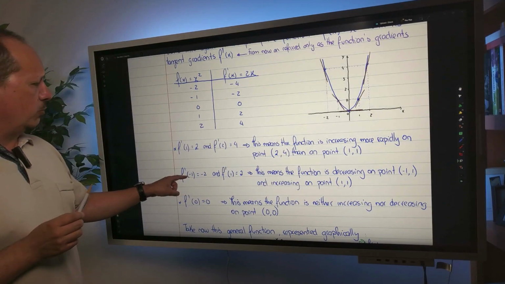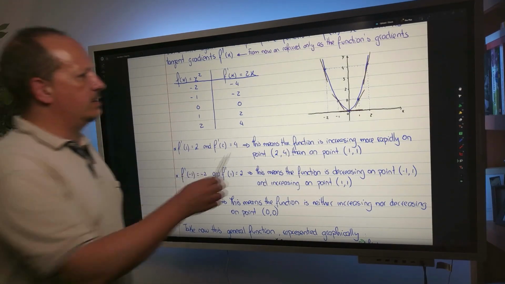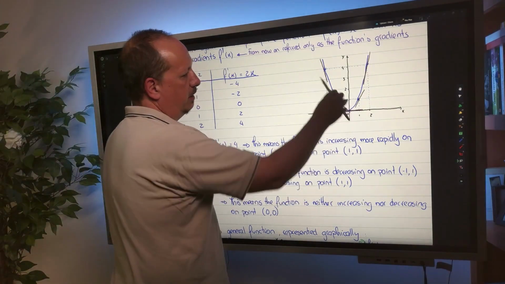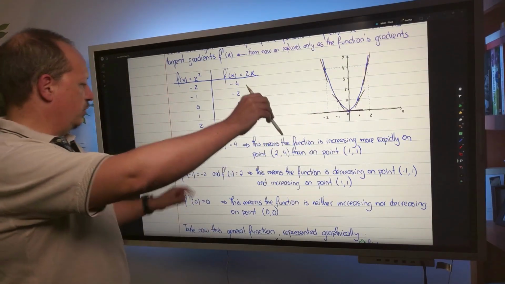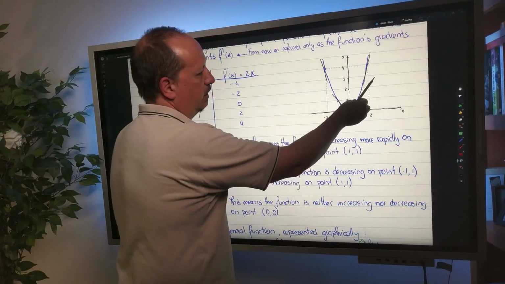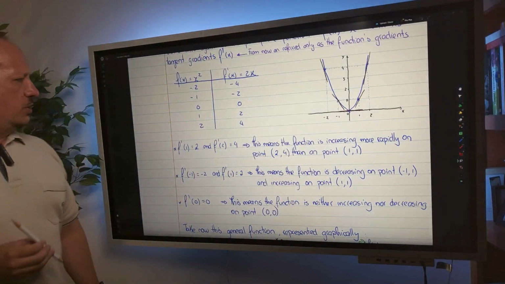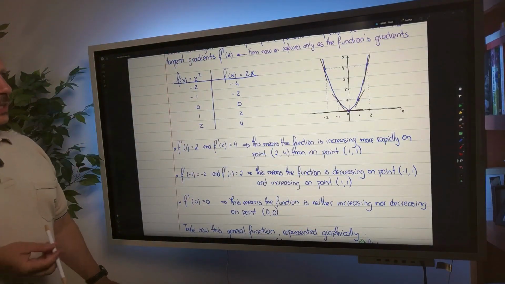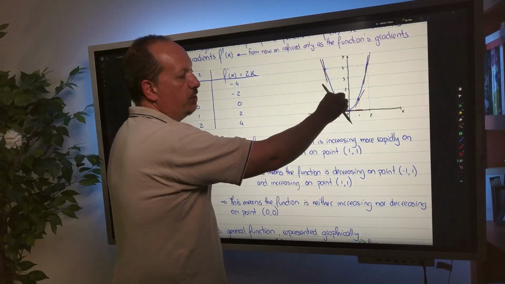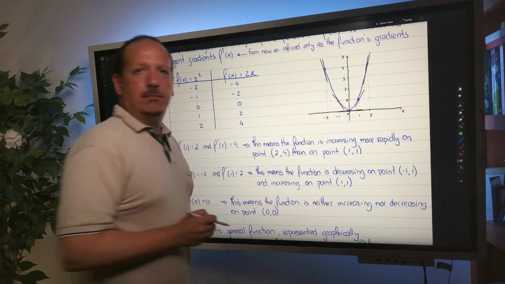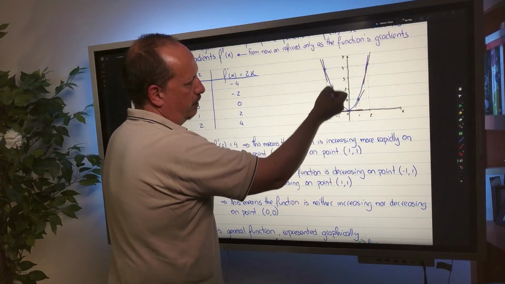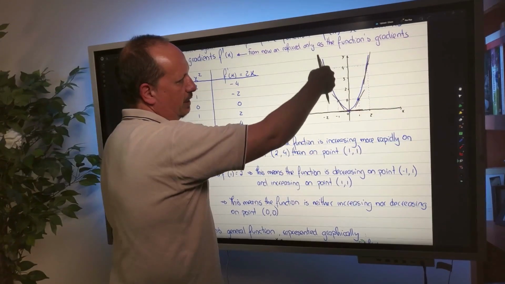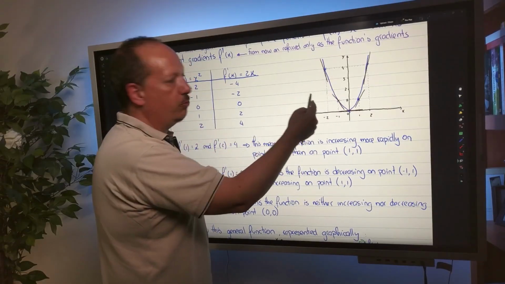Let's now compare the gradients on point -1 and 1, so over here and over there. On point -1, 1, the gradient is -2, and on point 1, 1, the gradient is 2. So what does this mean now? This means that here the function is decreasing, and here it is increasing. Look, as you are going over here, what is happening to the function? It is going down, right? So it is decreasing.